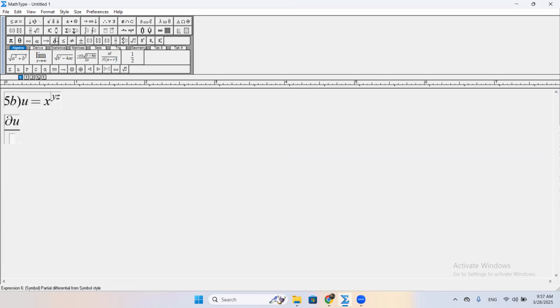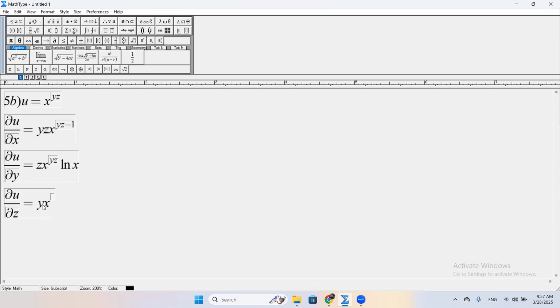So du by dx equals yz times x to the power of yz minus 1. du by dy equals z times x to the power of yz times the logarithm of x, and du by dz equals y times x to the power of yz times the logarithm of x.